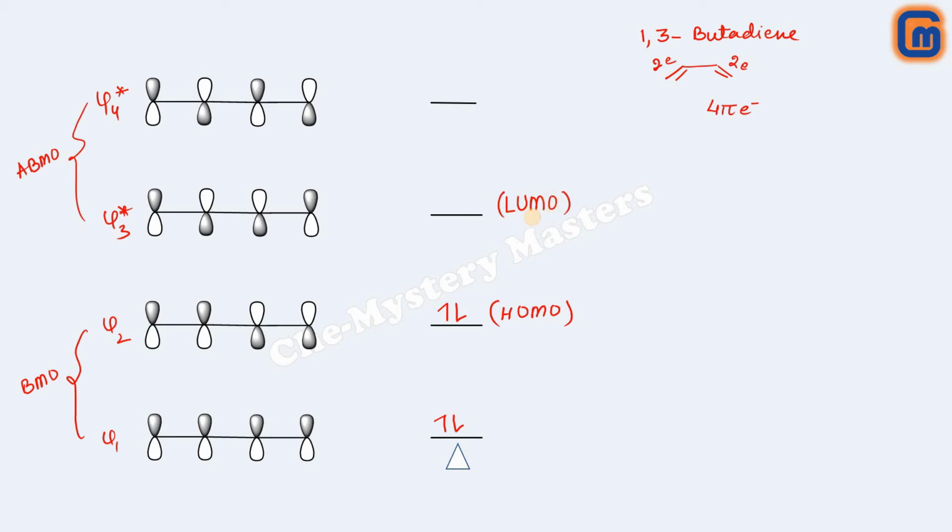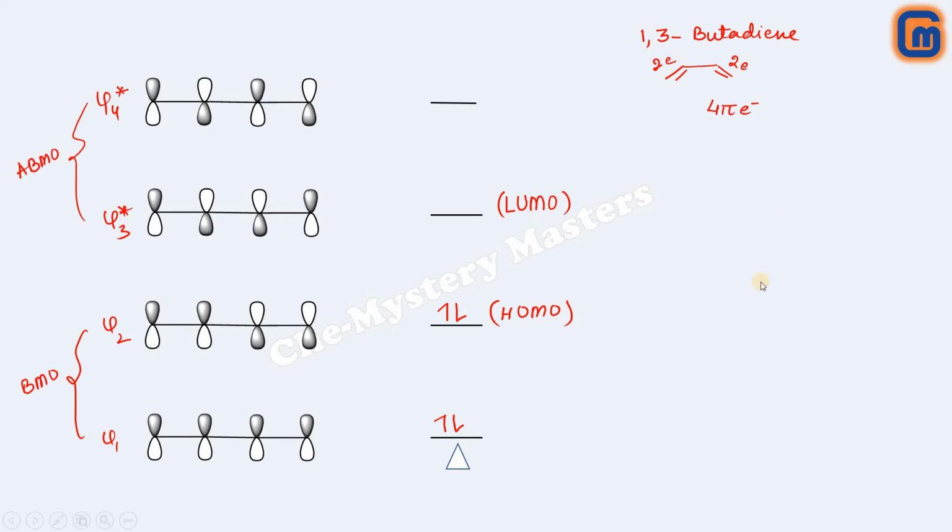So here the picture is clearer as compared to the ethene molecule: that orbital which has an electron lastly filled in it will be your HOMO, and the orbital next to that will be considered as LUMO. Those are psi2 and psi3 star respectively in the case of a thermally conducted pericyclic reaction.